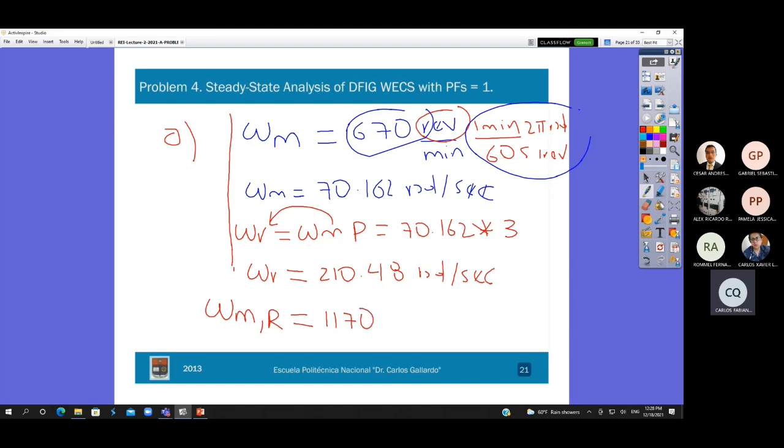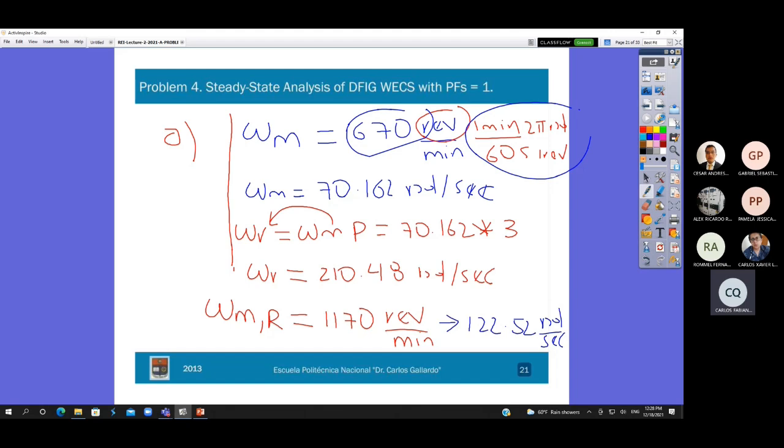Once again, this is revolutions per minute, so I will apply the conversion factor to get radians per second. I get 122.52 radians per second. This is the rated speed.